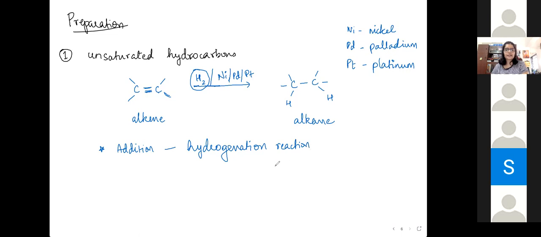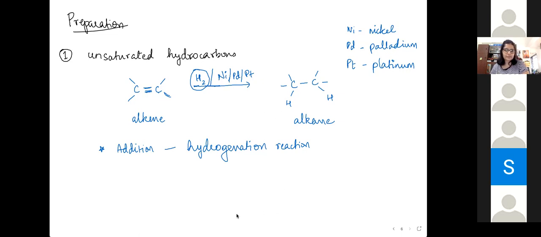It's an addition reaction where hydrogen is added to a compound in the presence of nickel, palladium, platinum. Here you're adding it to unsaturated hydrocarbons, but you also do that in preparation of alcohols and a lot of other contexts. But in general, this type of reaction is called hydrogenation.